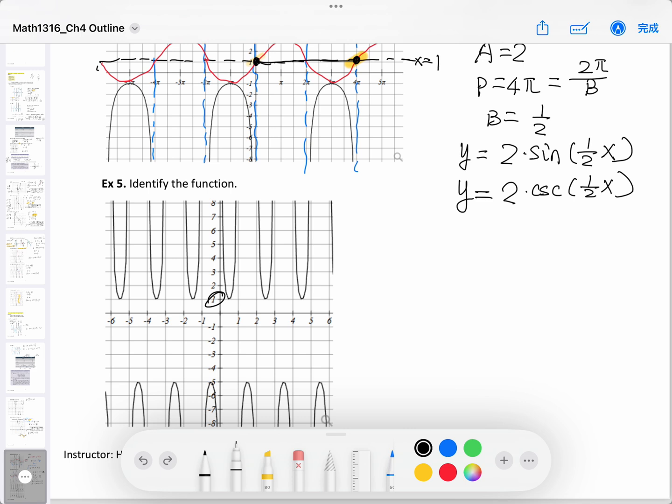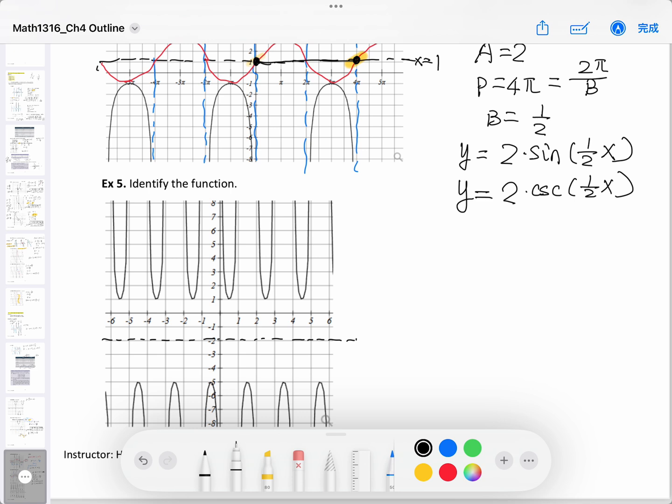So we can highlight -2. Because from here to here is 3, from here to here is also 3. Okay, let's highlight. Let's make a dash line. And we say this is a center line of its reciprocal function.